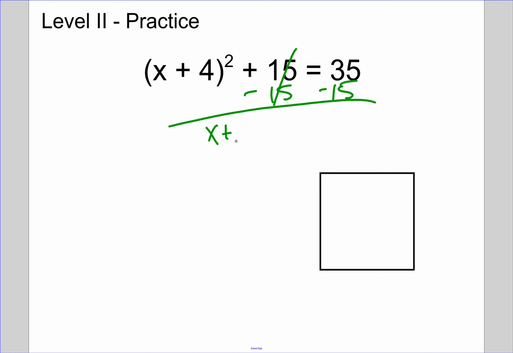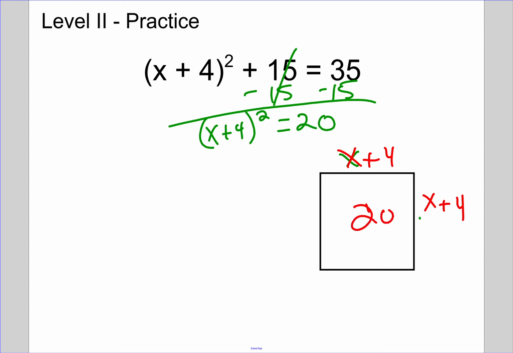So we've got the quantity x plus 4 squared equals 20. Again, we apply this idea of the symmetry of the square to know that x plus 4 is the side length of our square, and the area is 20.